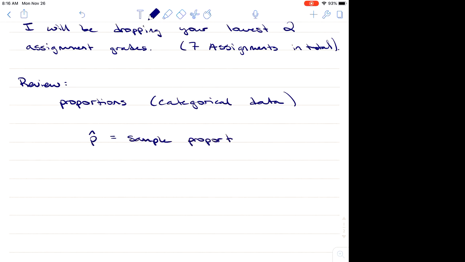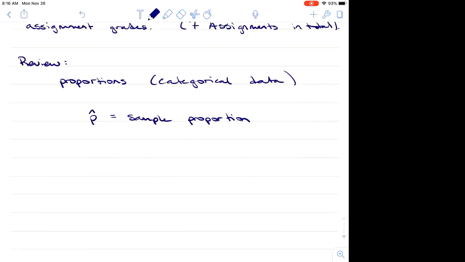So just like before where we had X bar and mu, right? X bar is the sample mean, mu is the population mean. We have p hat now because we can't use p bar. P bar would be the average of p, right? So we have to use something else. So we have p hat as the sample proportion, and p, just plain p, is the population proportion.